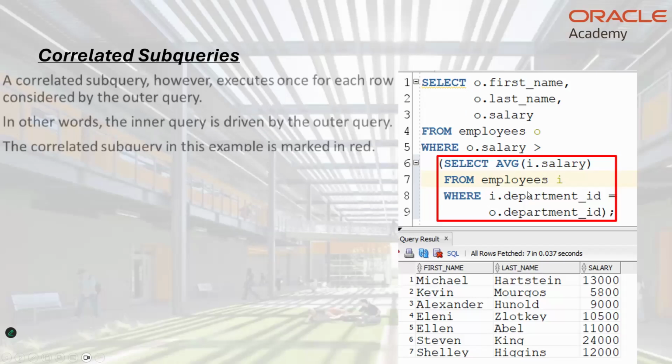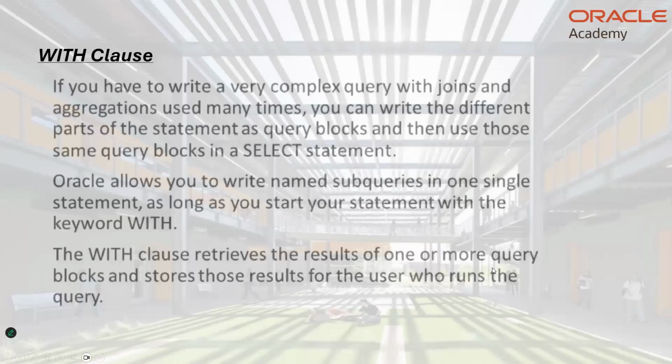We want to evaluate all of the employees, so it's going to go through all 20 employees and return all the matching ones. It's kind of like grouping, but the key is that a correlated subquery is going to run for every row in your table to get the results. Any questions about correlated subqueries?